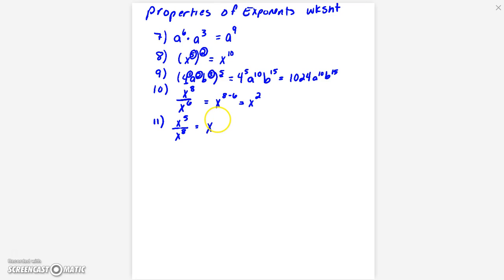That's going to be x to the 5 minus 8, which gives us a negative. So it's going to be x to the negative 3, or you can rewrite that as 1 over x cubed.